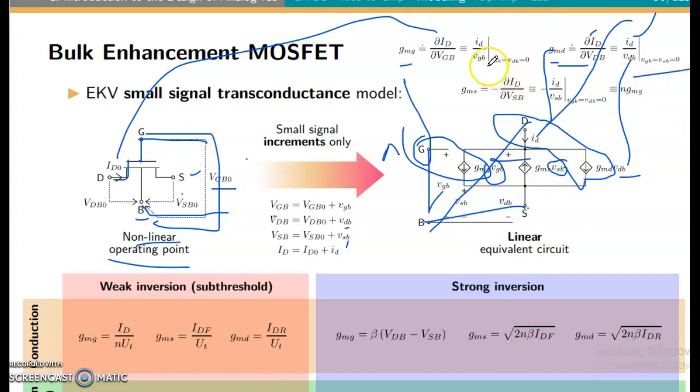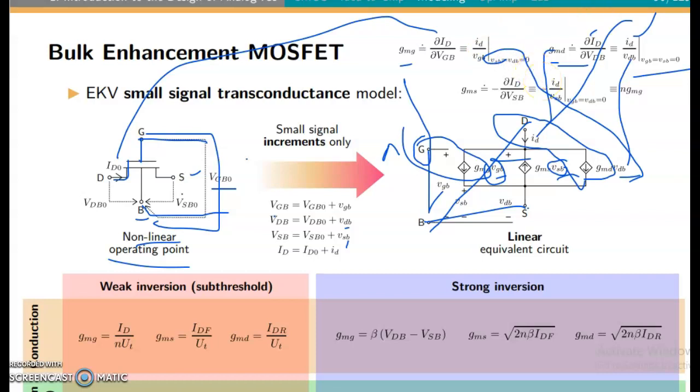Here also except VGB, VSB and VDB, all are equal to 0.